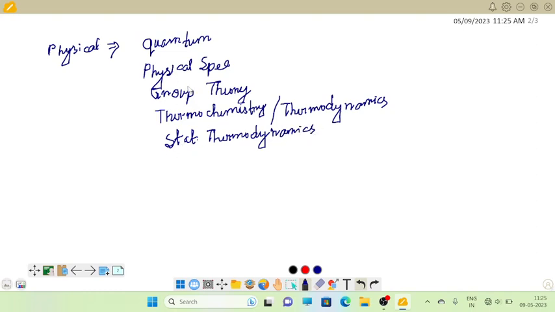So quantum, group theory, physical spectroscopy, meaning everything rotational, vibrational, all the things related to statistical thermodynamics, the partition functions, thermochemistry, the delta H calculation, delta U calculation. Group theory, point group theory, has very much weightage.